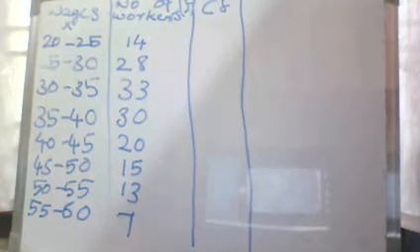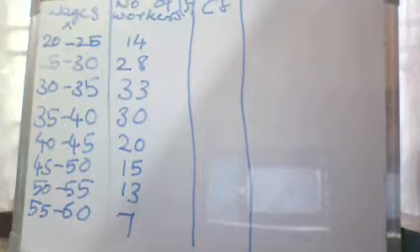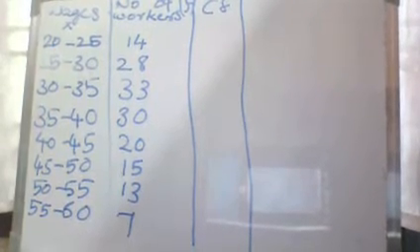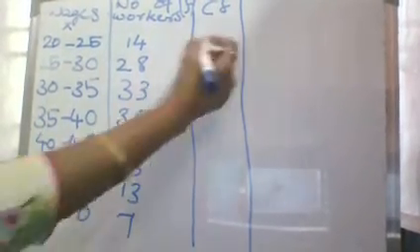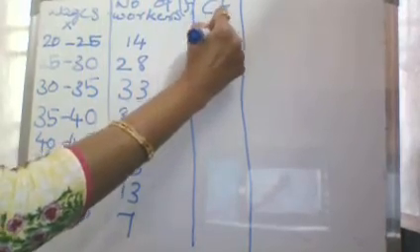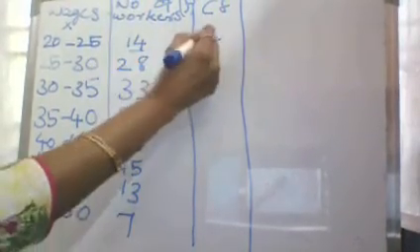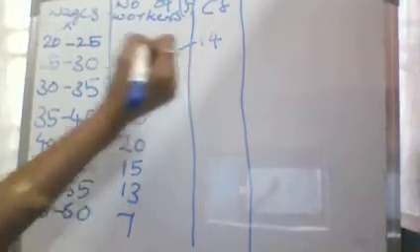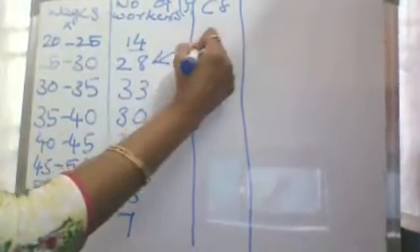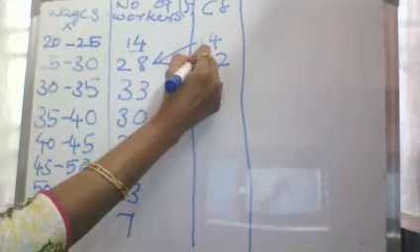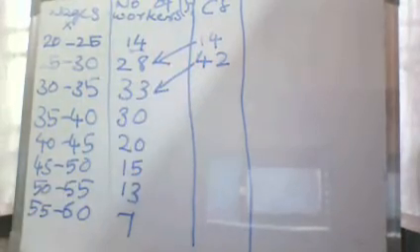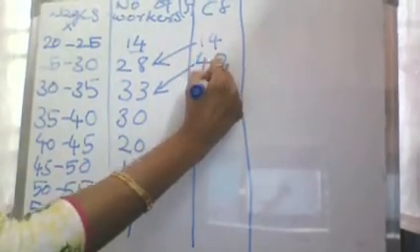What is the first step? We need to find the cumulative frequency. How do we find it? The first value stays the same. Next, 14 plus 28, the answer is 42. Next, 42 plus 33 is 75.